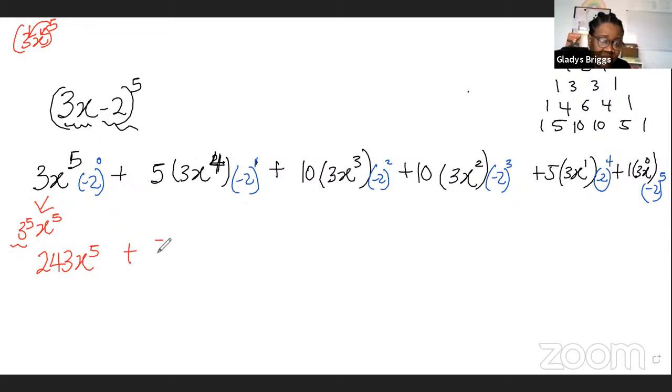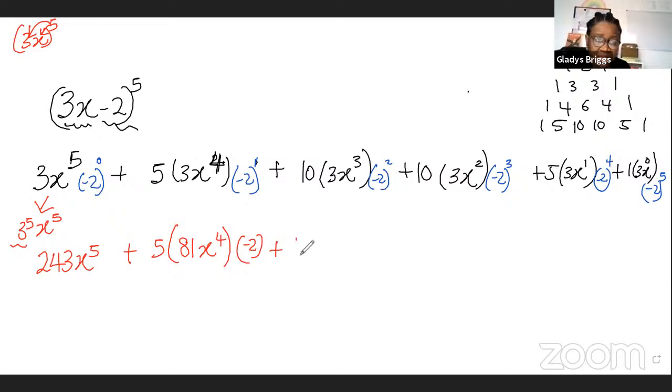Plus 5 times 3, what's 3 to the power of 4? 81, yeah? x to the power of 4, yeah? Times negative 2. I'm just going to leave that there.